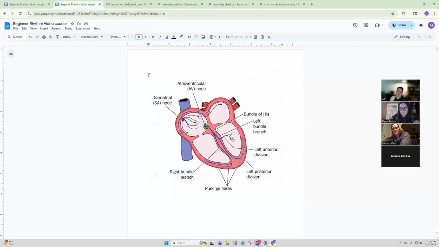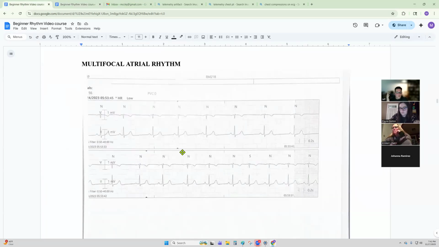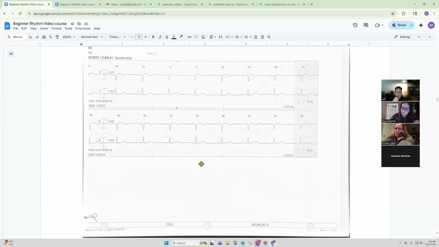So what you'll see is a positive P wave, then a sort of flat in-between P wave, and then a negative P wave. That is a truly classic wandering atrial pacemaker. So you can see right here, you have positive through here, it goes flat right here, and then you're negative over here.